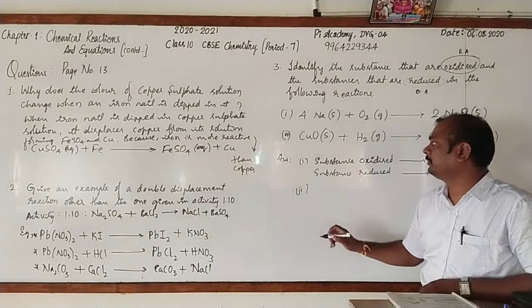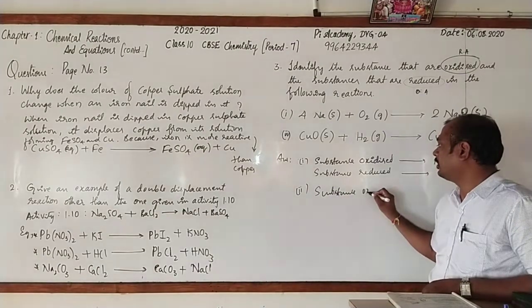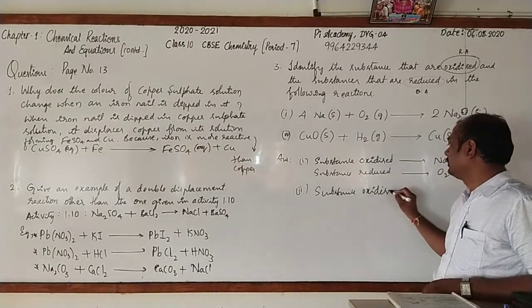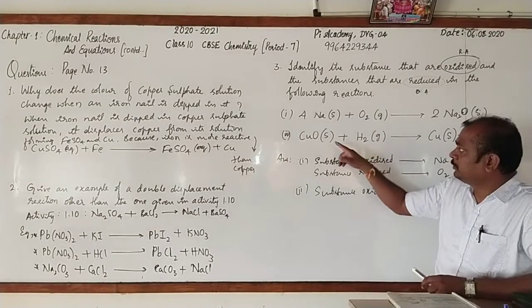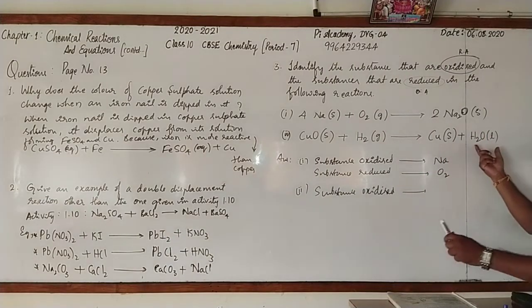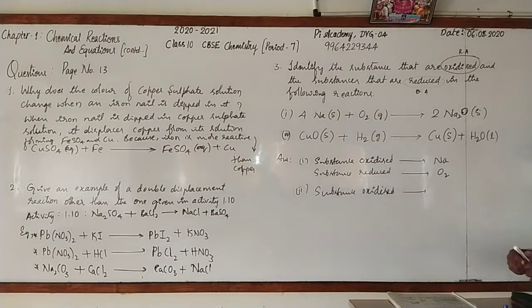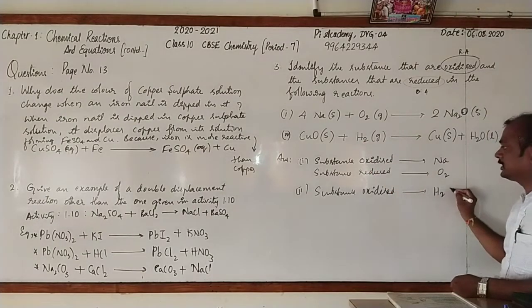And the second one, next, substance oxidized. We know that here hydrogen is the substance which removes oxygen from copper oxide and gets oxidized to water. Hence, the substance oxidized is H2.